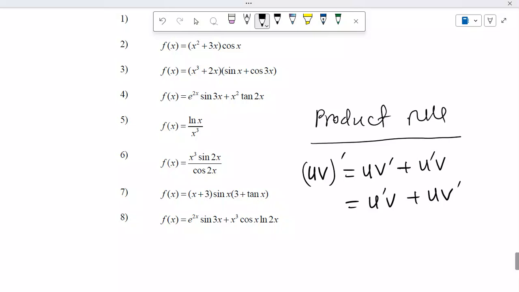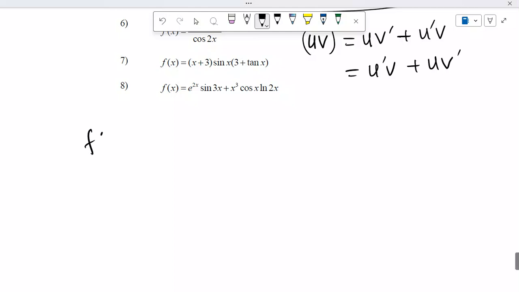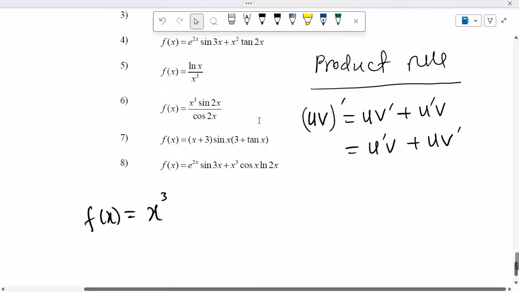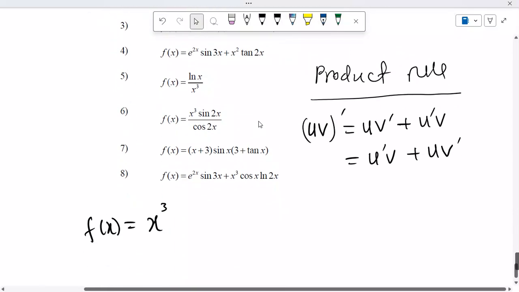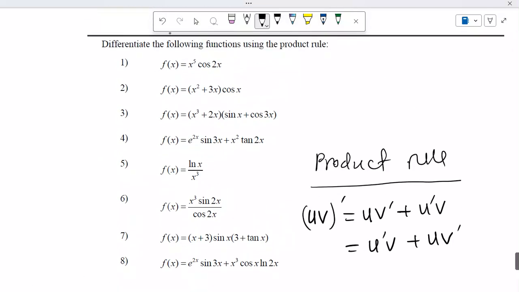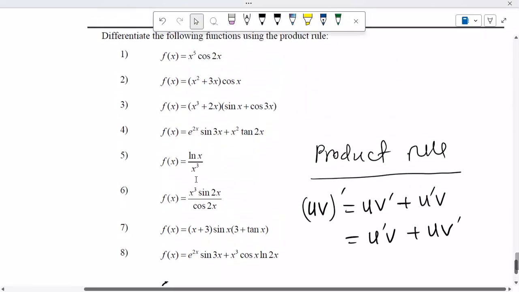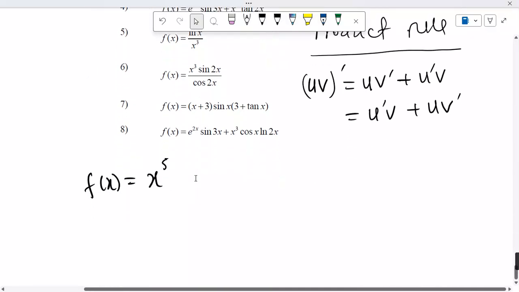Yeah, straightforward. So first question: f of x equals x to the power 5, sorry, x to the power 5, and then cos 2x.